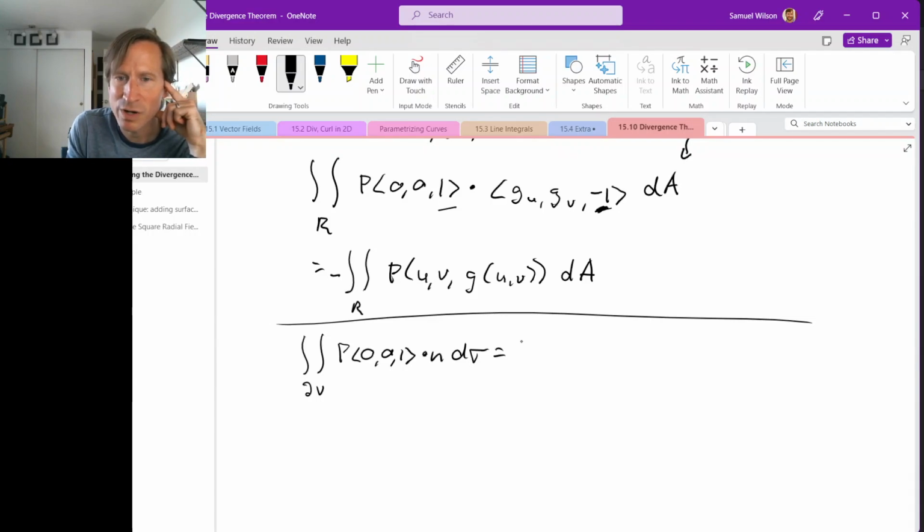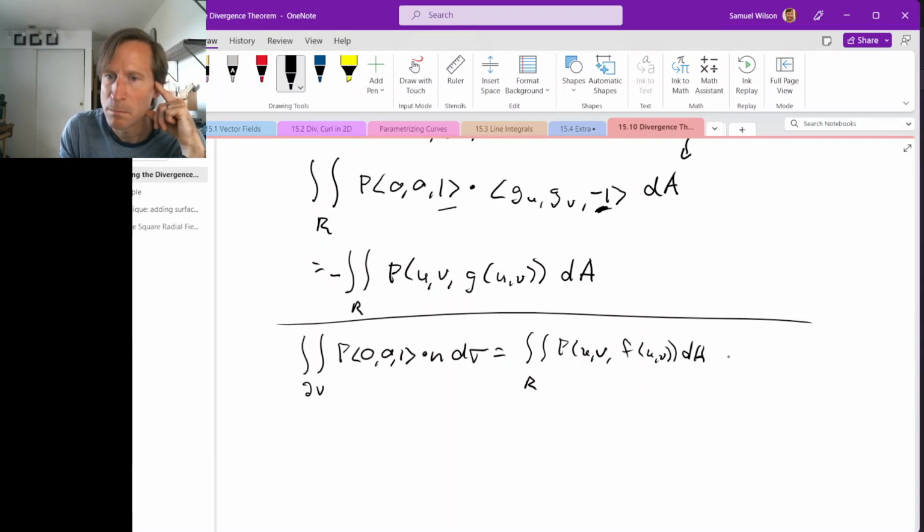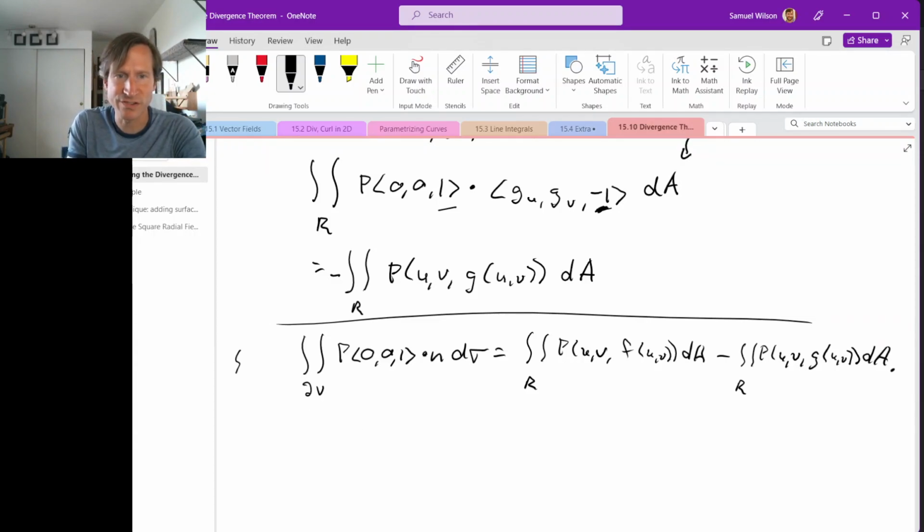What we got was the integral over the region of p of (u, v, f of uv) dA, minus the integral over the region of p of (u, v, g of uv) dA. Okay, so this is for the surface integral.